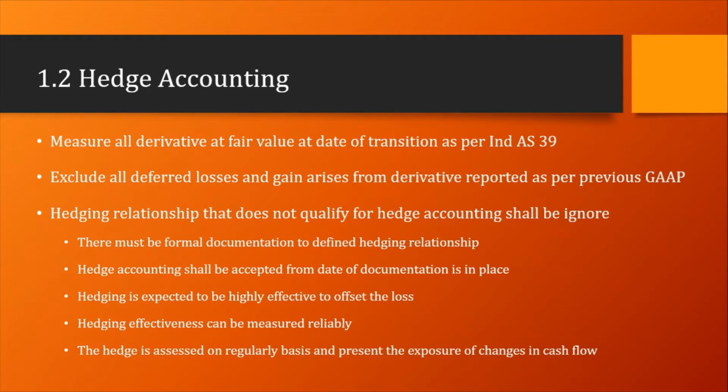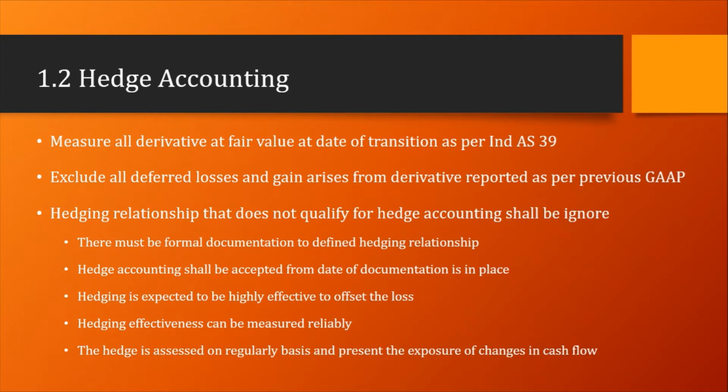So what are those criteria? I have given these criteria below. First of all, there must be proper documentation which defines the hedge relationship. Then hedge accounting shall be accepted from the date where we have documentation in the correct manner. The main purpose of hedge accounting is that it should be highly capable of offsetting our losses, for which the hedges are done by the entities.